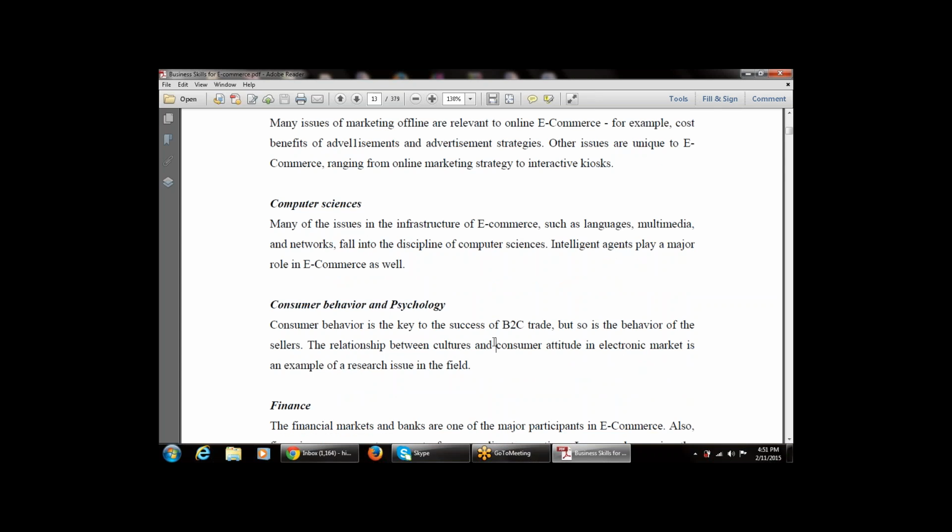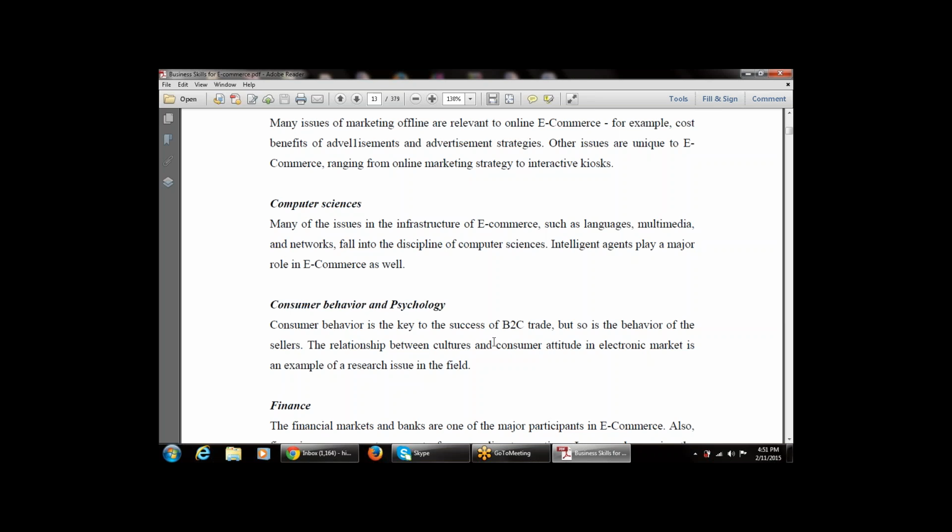But so is the behavior of the sellers. The relationship between cultures and consumer attitude in electronic marketing is an example of a research issue in the field. That is, what is the relationship between the cultures and the consumer attitude? There are different cultures available, and there is a consumer attitude in the electronic market.